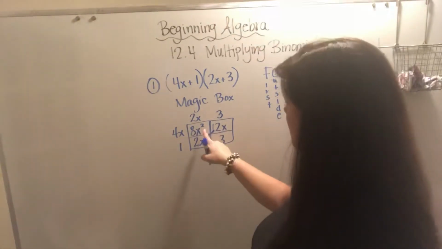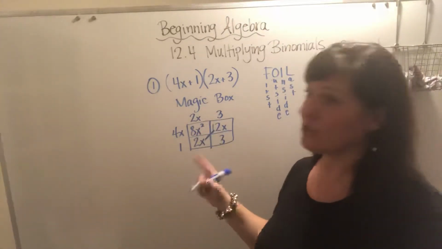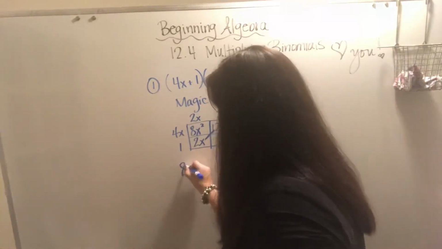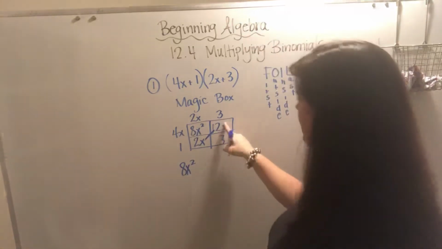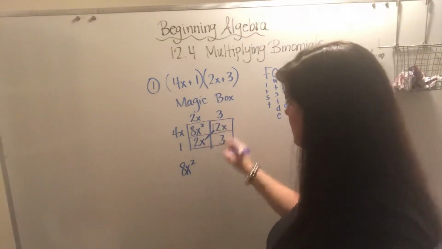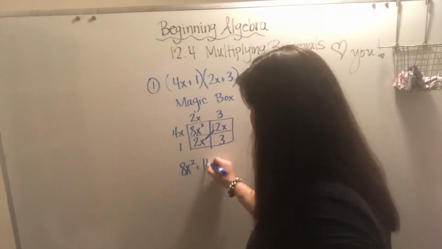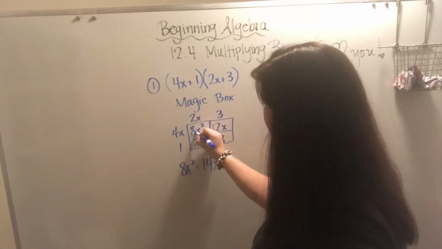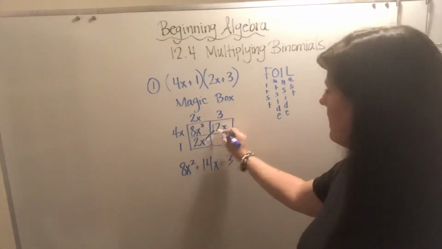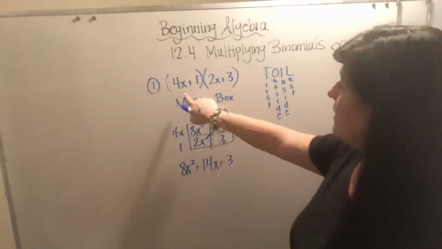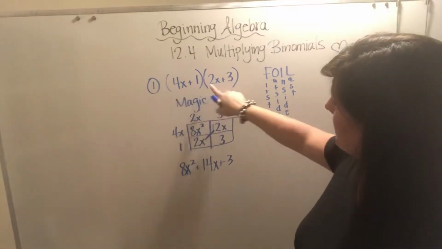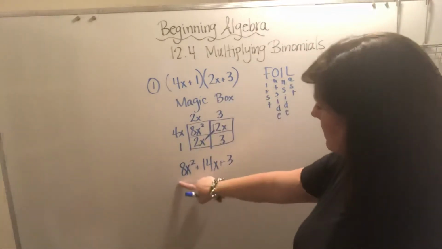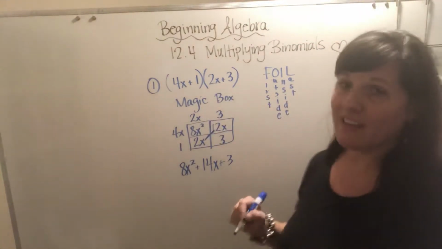So you start with, again, what I just told you, the greatest degree is 8x squared. 12x plus 2x, since those are both positive, I'm going to add them. 14x, and then I'm left with 3. This will be your first term, this will be your last term, and you'll combine those two. So what we're saying is 4x plus 1 times 2x plus 3 is 8x squared plus 14x plus 3.